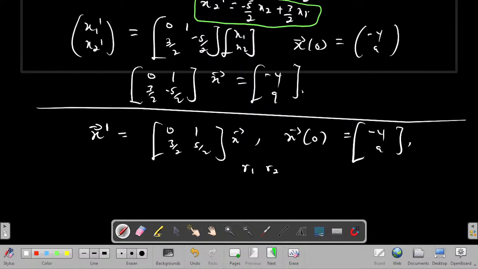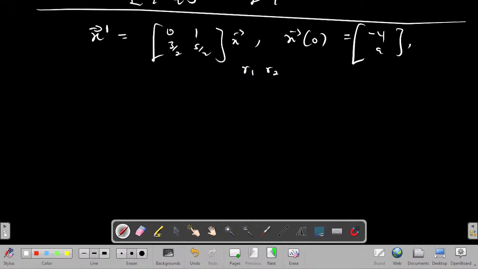So let's see how we can do that. We come to our matrix here, and remember that to find the eigenvalues and eigenvectors, you write your characteristic equation represented as A minus lambda I, where I is the identity matrix, and this is 2 by 2. So you find the determinant of this characteristic equation and set it to 0.